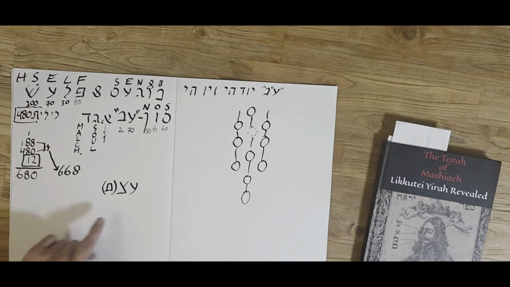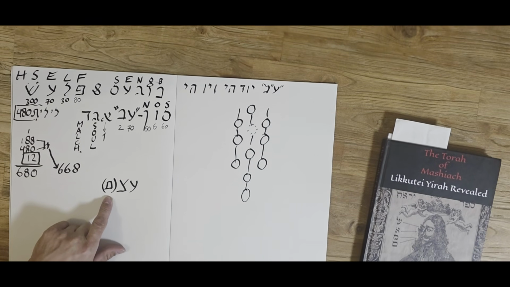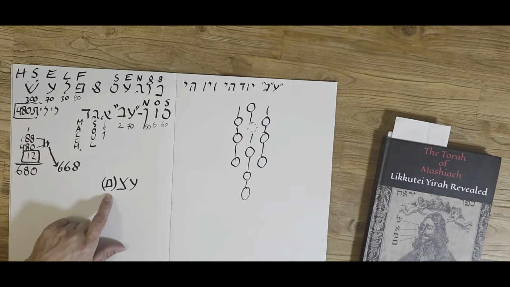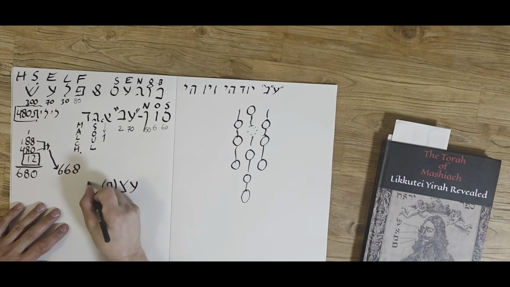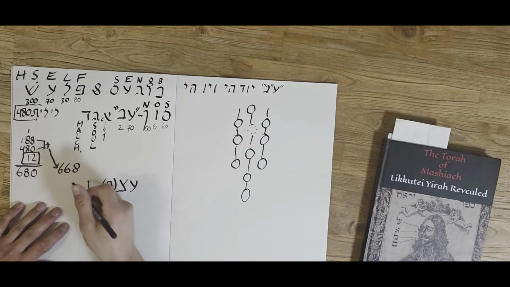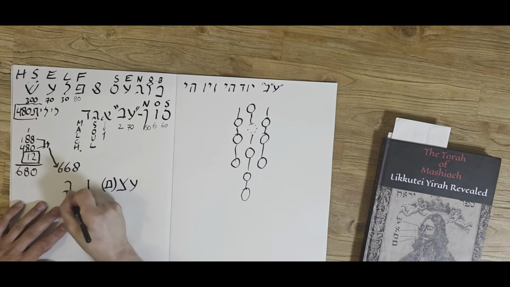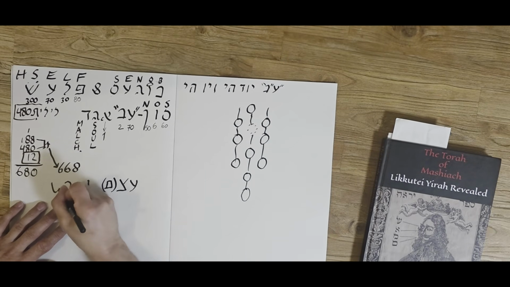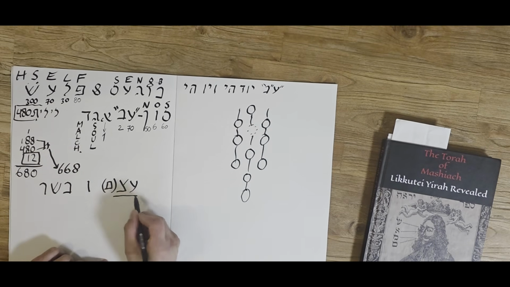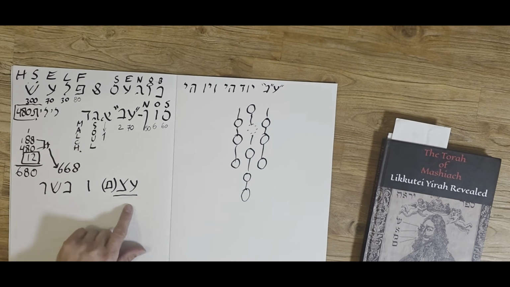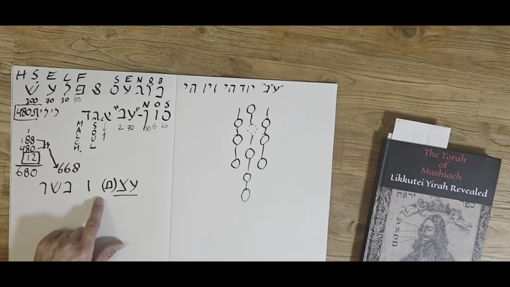So now 668 was the same value as Etzem, which would be bones, and Basar, flesh. So without the mem, it's an 8, tree and flesh. But man is a tree, okay?